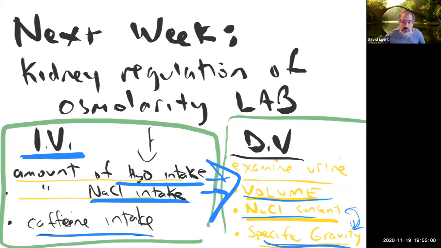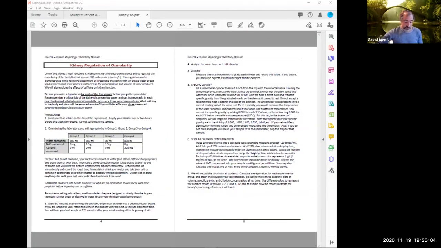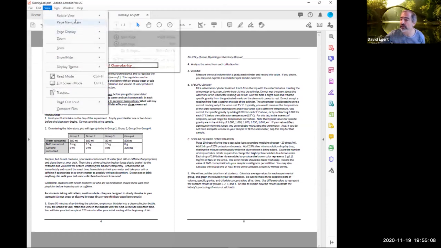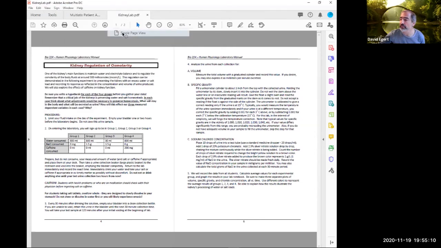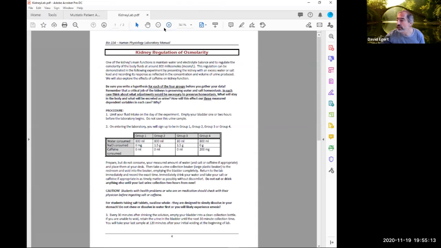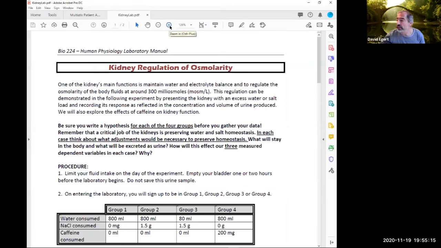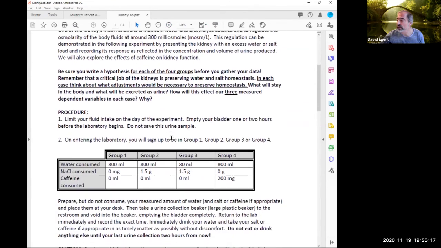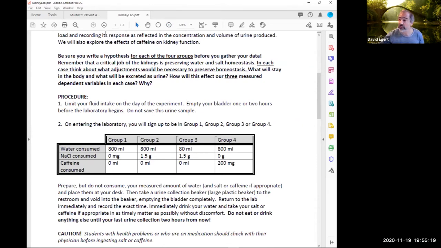So I'm going to go to the actual lab itself here now. So here's the lab. There are 4 groups that you can see here.